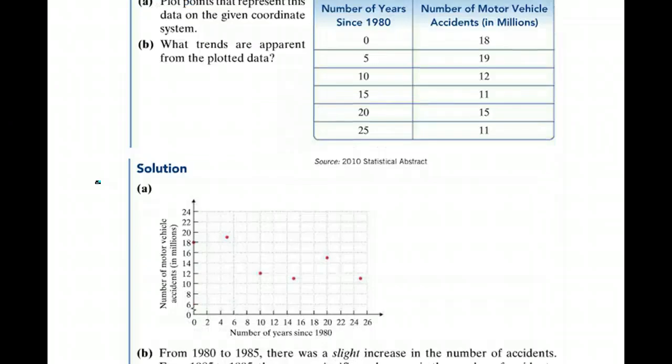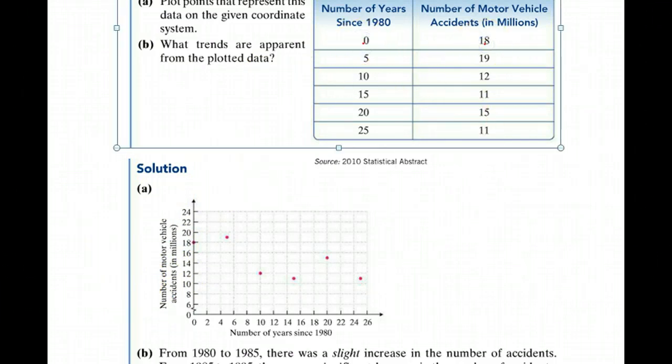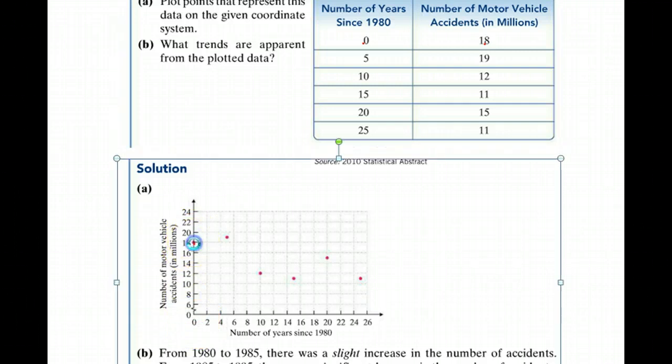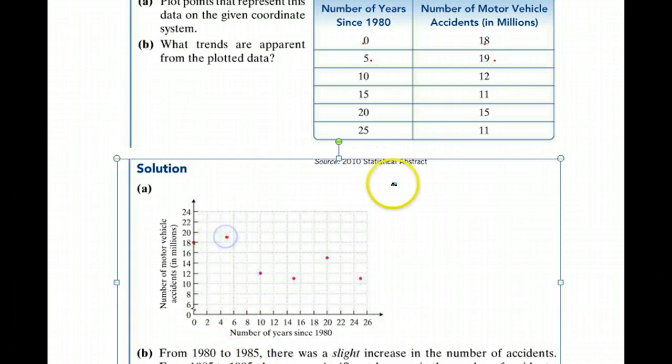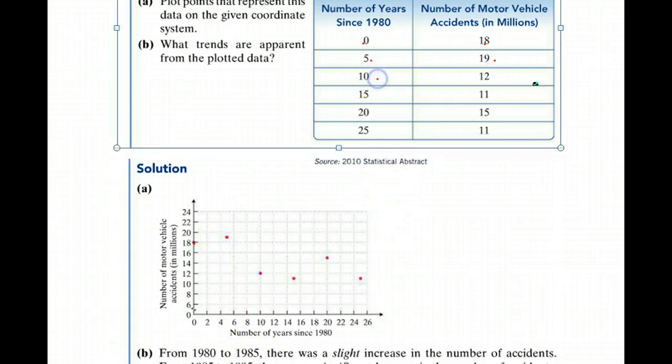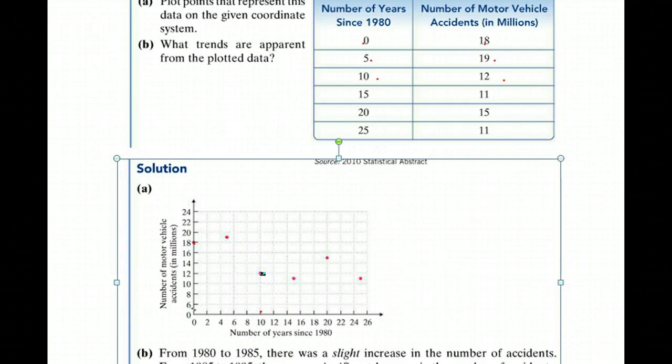Well, for letter A, this is done for us. We can see that the ordered pair 0, 18 has already been graphed. Ordered pair 5, 19 was already graphed. Ordered pair 10, 12 was already graphed.